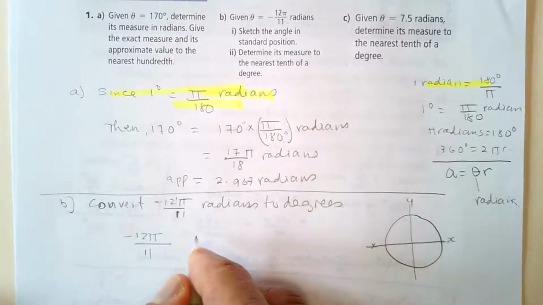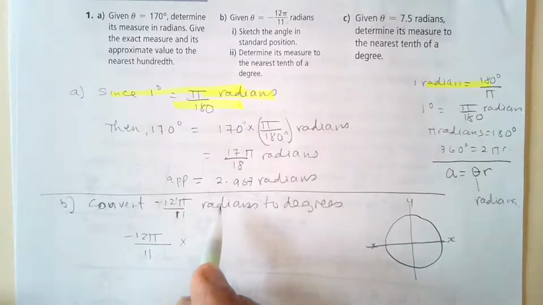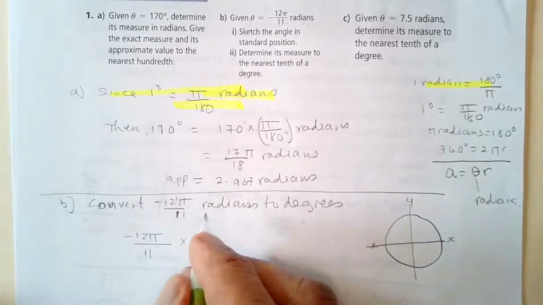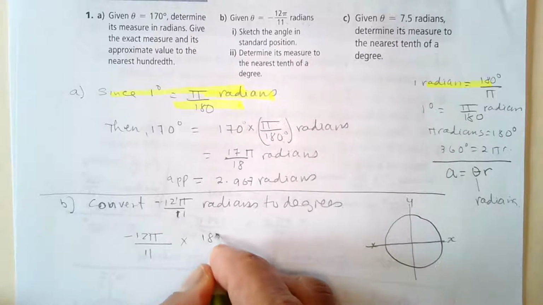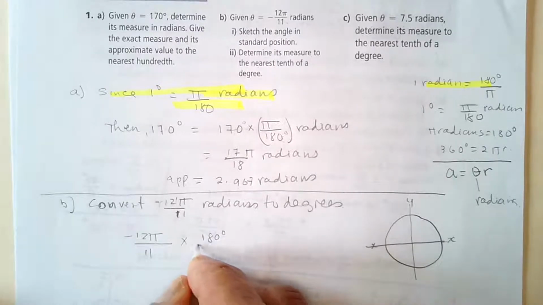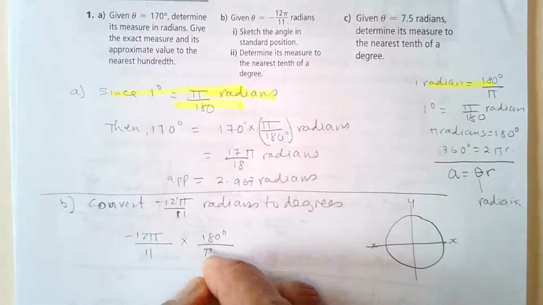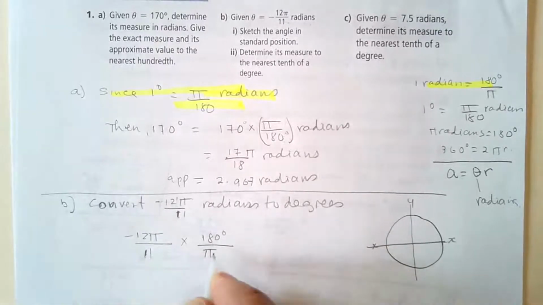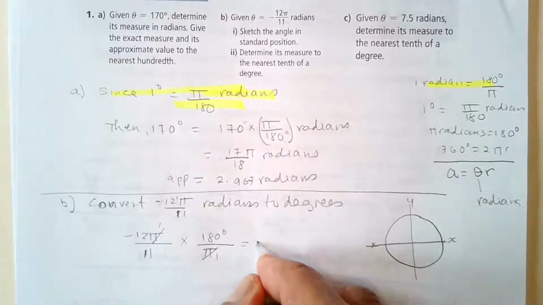Now, if we're converting radians to degrees, we will want to multiply by 180 over pi. Notice the pi will factor out.